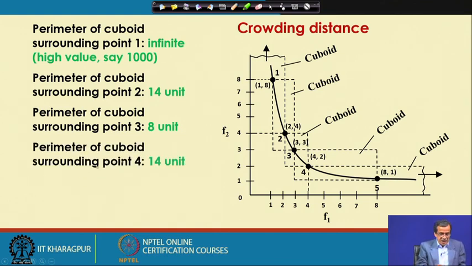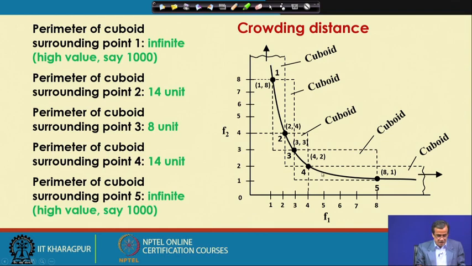Similarly, the perimeter of the cuboid surrounding point 4 will become equal to 14 units, and the perimeter of the cuboid surrounding point 5 will have a very high value, and let me assume that this is once again equal to 1000.